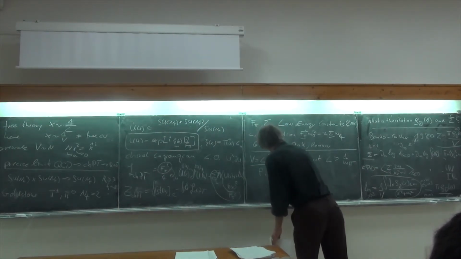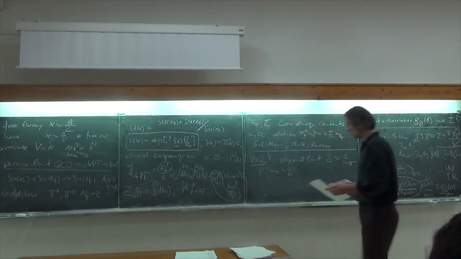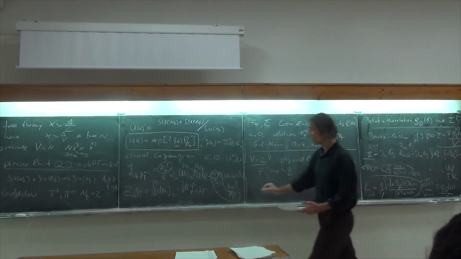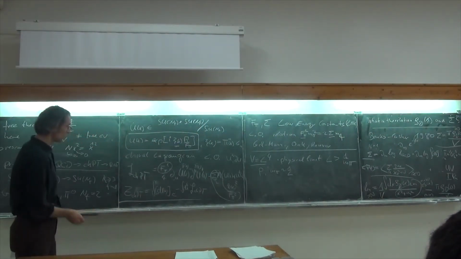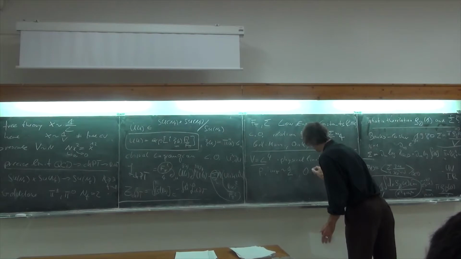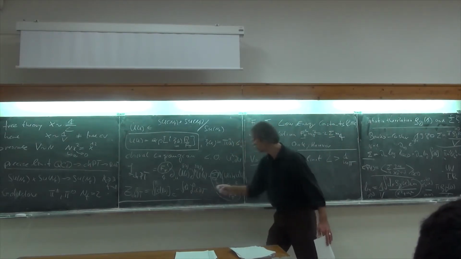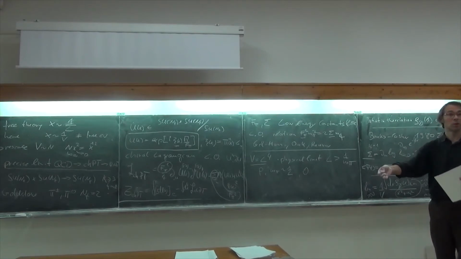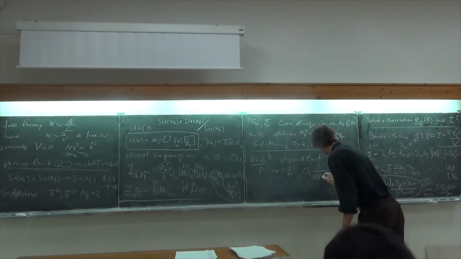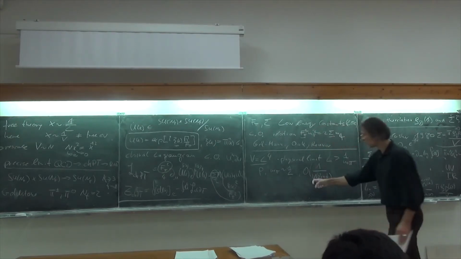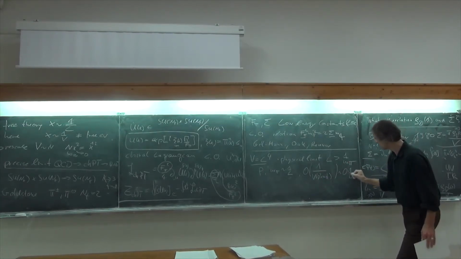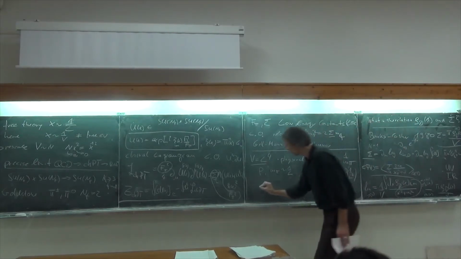So m pi is counted like 1 over L. If you look at the fluctuations of your path integral in Fourier space, this gives a volume, this gives a p squared plus m squared, then you have to integrate over the bosonic field, so you get 1 over V times p squared plus m squared. So this is order V, this is order 1 over L squared. So these are small fluctuations.